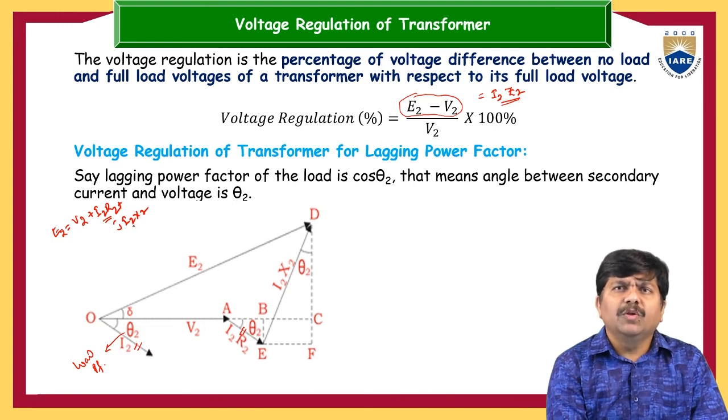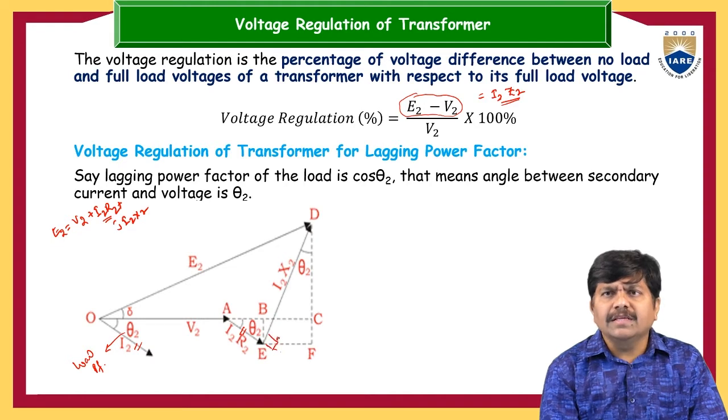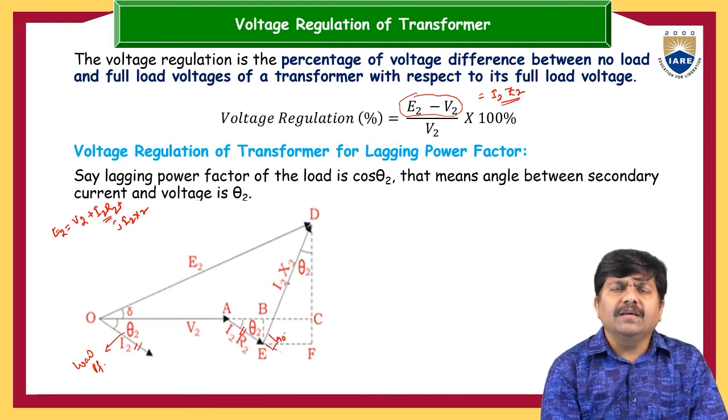You have to rotate the vector by 90 degrees in the counterclockwise direction. So let us rotate this vector anticlockwise by 90 degrees. This becomes I2X2. Now if you add V2, I2R2 and j times I2X2, it becomes E2.